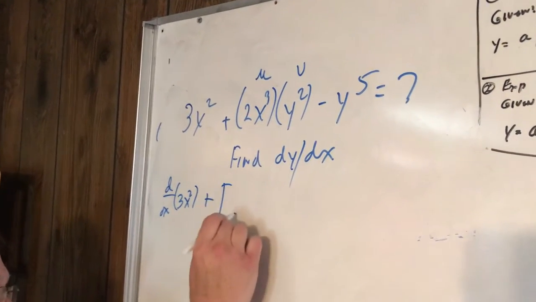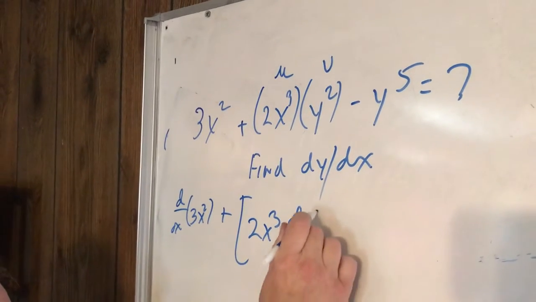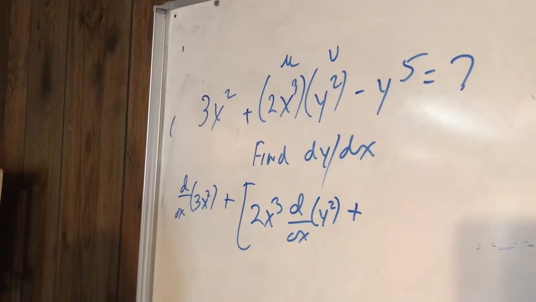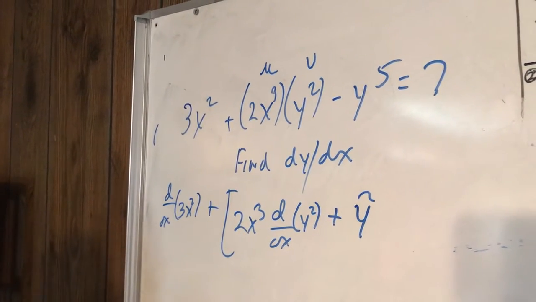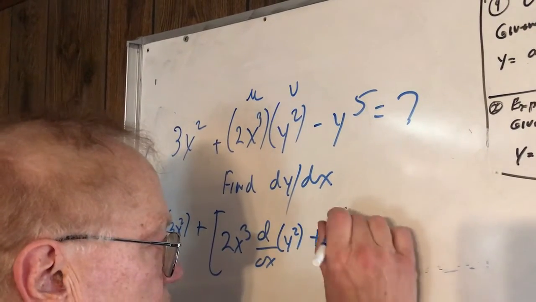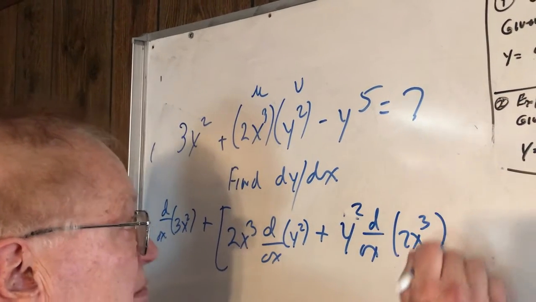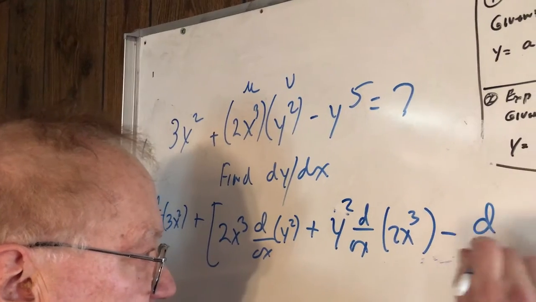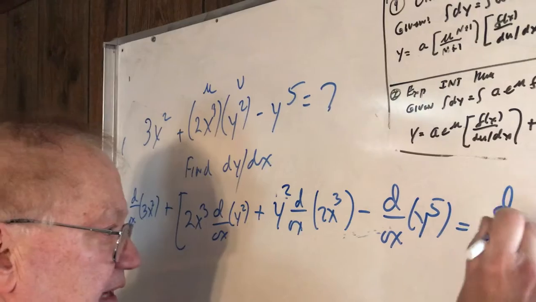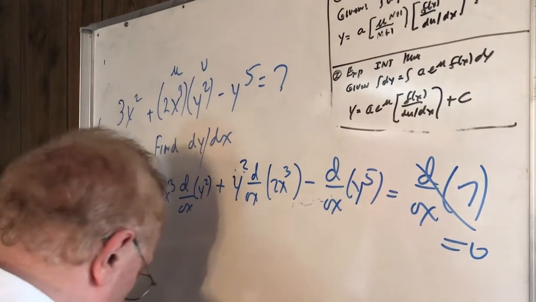So it's 2x third, d/dx of y squared, plus y squared, d/dx of 2x to the third, minus d/dx of y to the fifth equals d/dx of a constant 7, which we know equals 0.